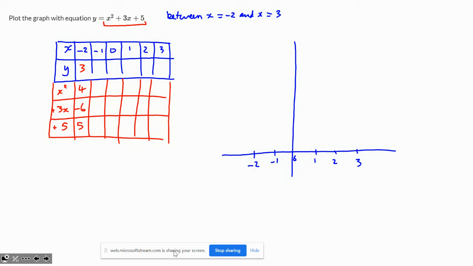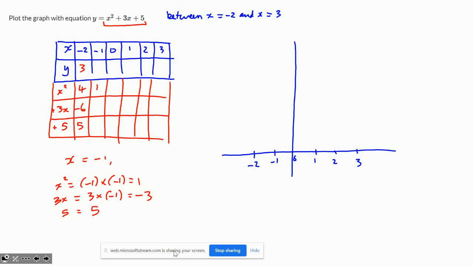when x is -1, then x squared is going to be -1 times -1, which is 1. 3x is going to be 3 times -1, which is -3. And then 5 is still going to just be 5, because that doesn't depend on x at all.